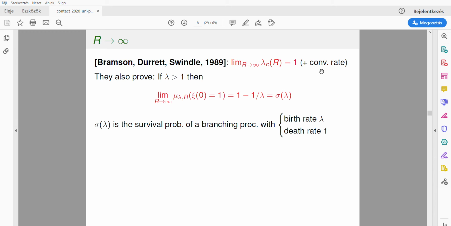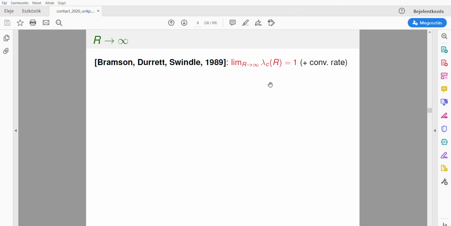Before I go on, sorry, let me say what this means. If the infection rate is strictly bigger than 1, then there exists a range R0 big enough so that if the range of the contact process is bigger than that, the upper invariant measure is going to be non-trivial.